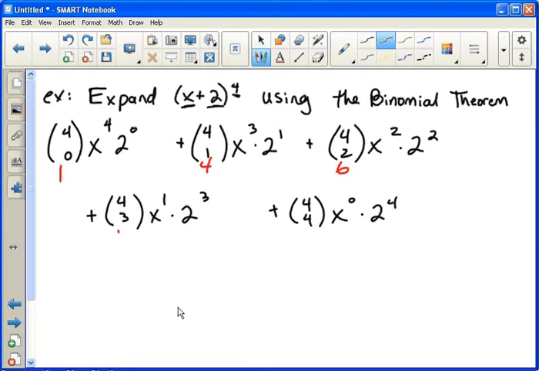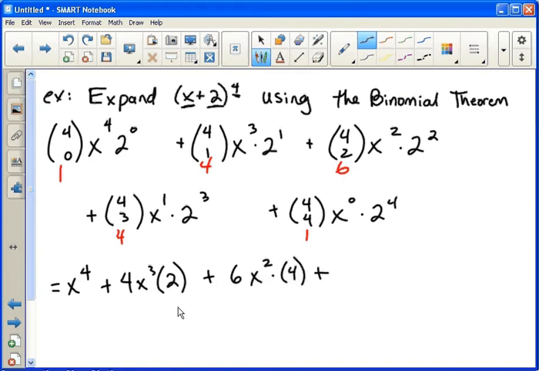So I know this is going to be 1, 4, 6, 4, 1. So my first term is 1 times x to the 4th times 2 to the 0. 2 to the 0 is just 1, so it's just going to be x to the 4th. Plus 4 times x cubed times 2, because 2 to the 1st is 2, plus 6 times x squared times 2 squared is 4, plus 4 times x times 2 cubed is 8, plus 1 times x to the 0, that just goes away, times 2 to the 4th is 16.